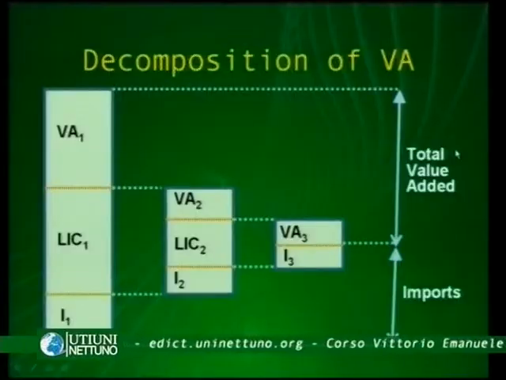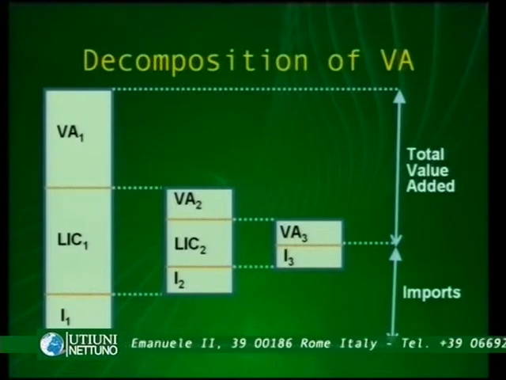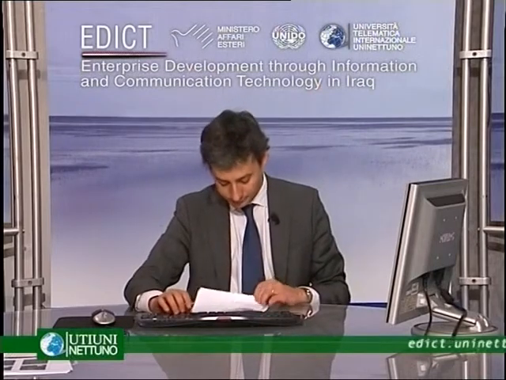And so what we can see here is that the total value added of the project is higher than the value added that we observe at the first level of decomposition, if we are looking only at the output generated directly from the project, but we also include the value added generated upstream by the producers of the inputs of the project. So this is also a part of value added that is relevant for the country for the generation of national income.